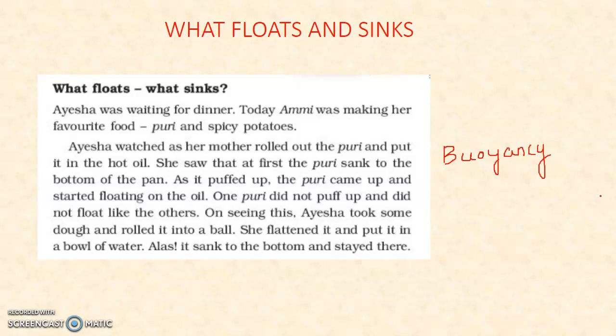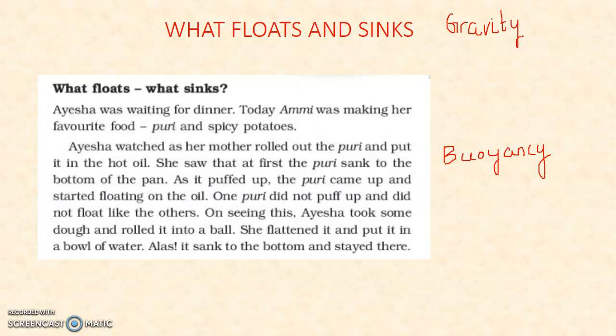We are all aware of gravitational force. Gravity is a pull; we know that the earth attracts everything towards its center. That is why when we throw a stone up, it just falls on the ground.